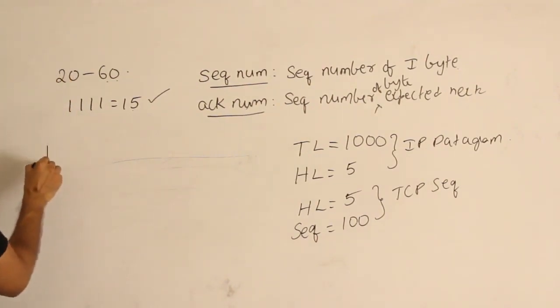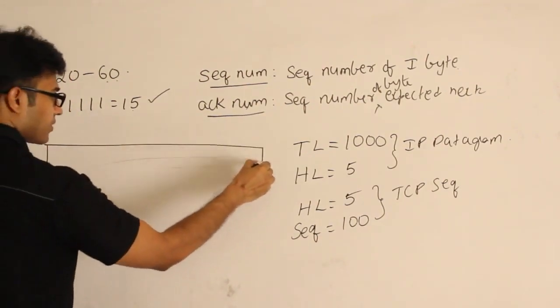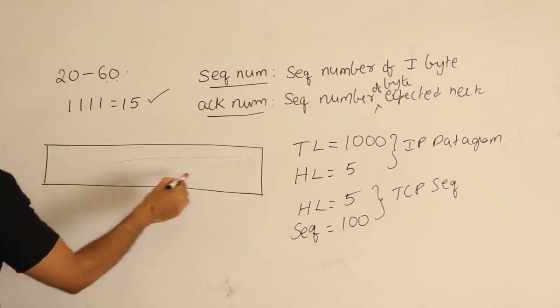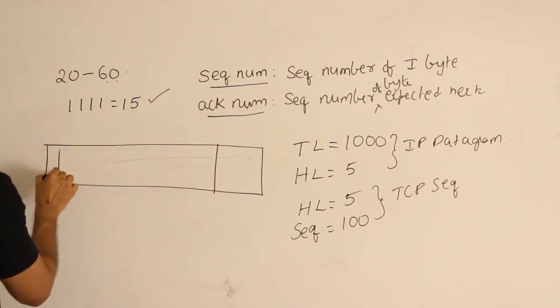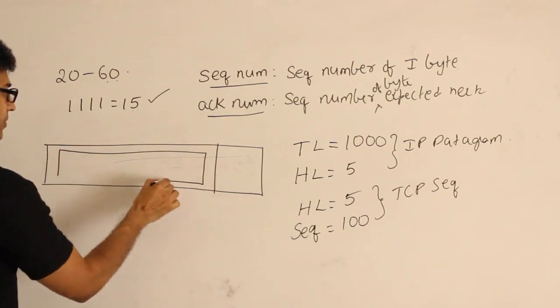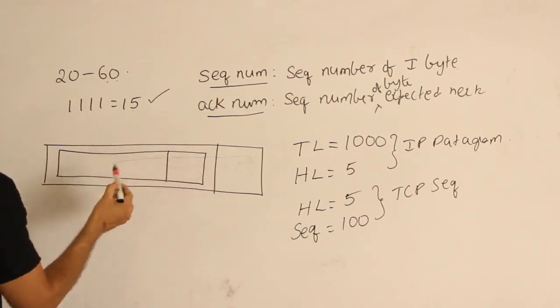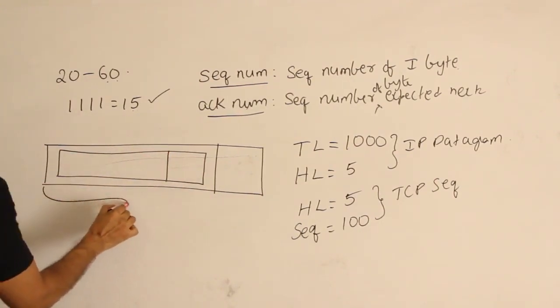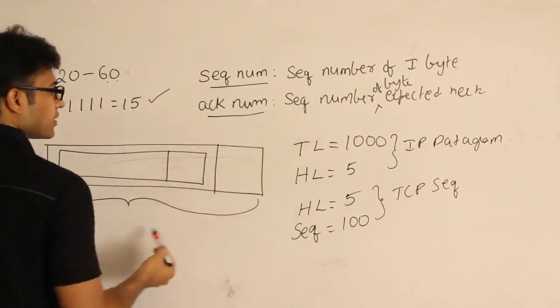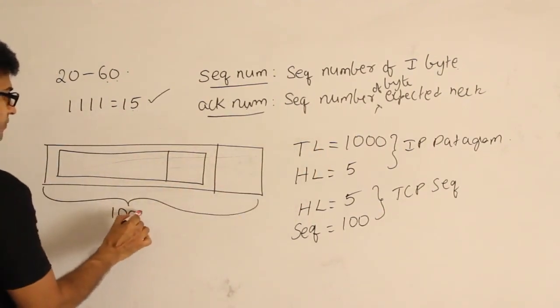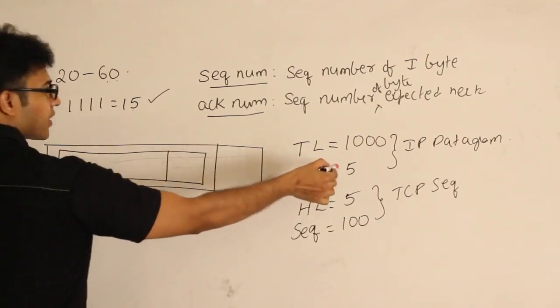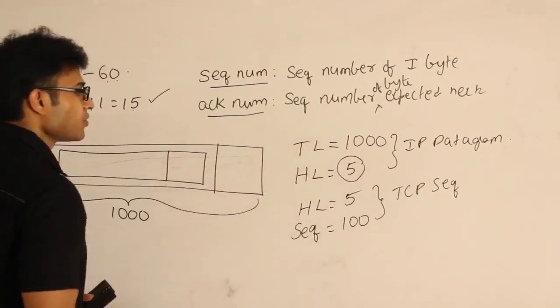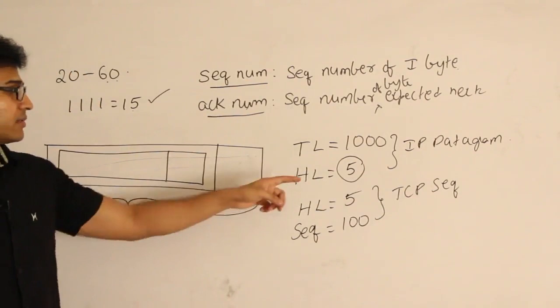Now let us say there is an IP datagram. Inside that IP datagram there is a TCP segment, and the total length of the IP datagram is 1000 bytes and the header length is 5. What do you mean by header length 5? Can it be 5?